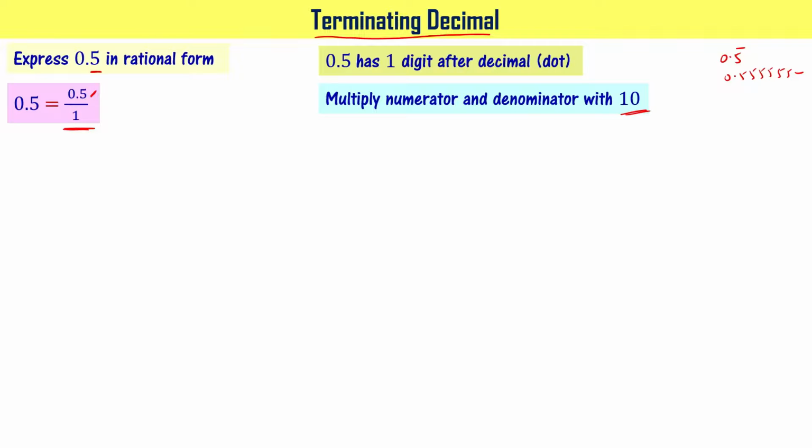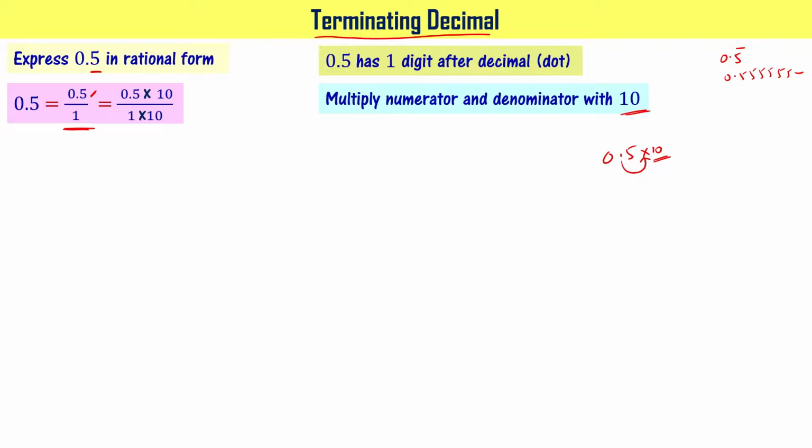When I do that, I can write it as 0.5 times 10 divided by 1 times 10, right? When I have 0.5 times 10, the idea is that the multiplication by 10 makes this dot move to the right side by one digit.